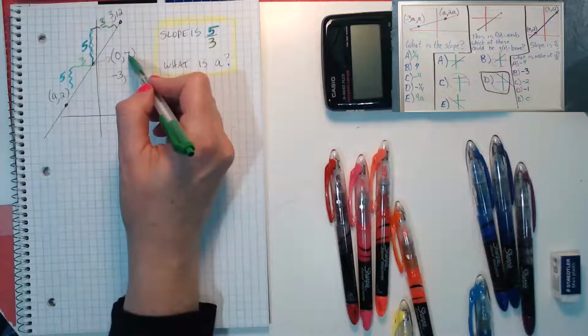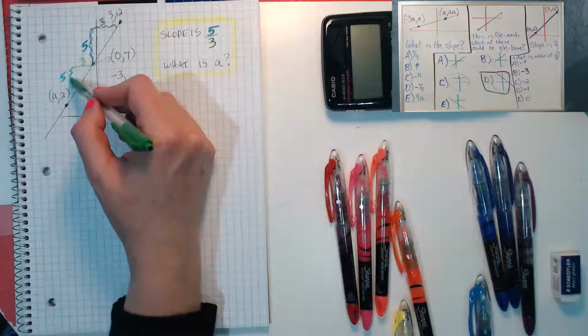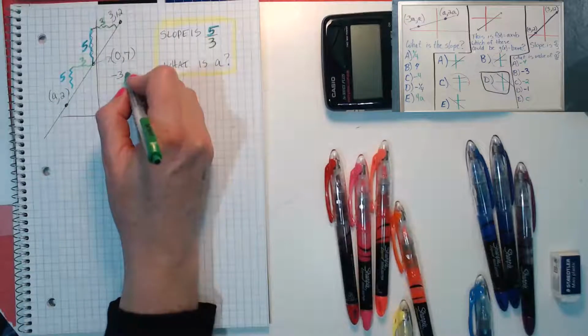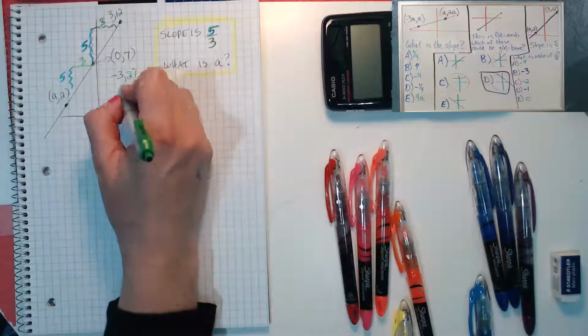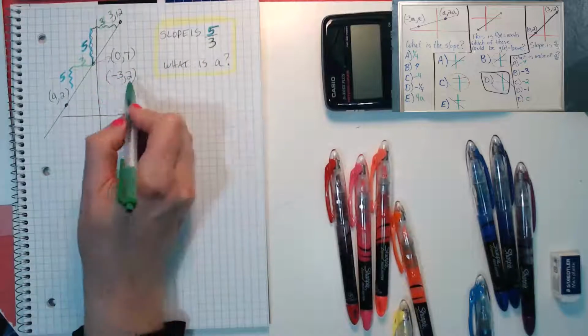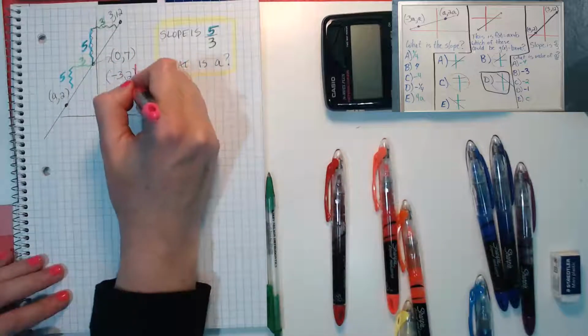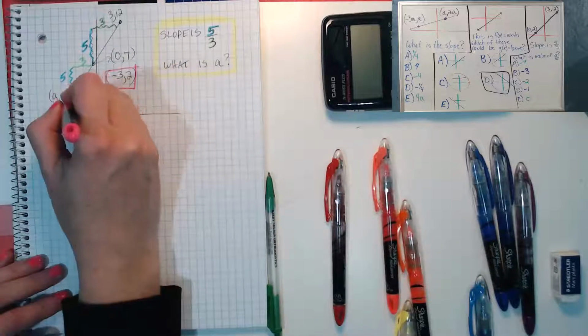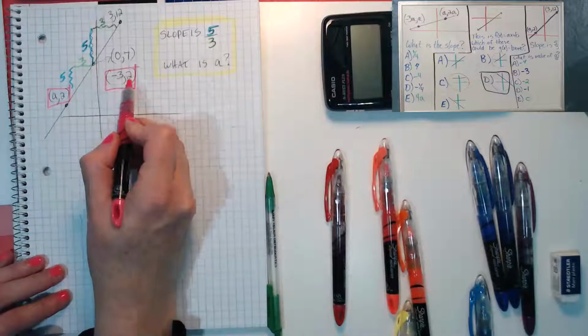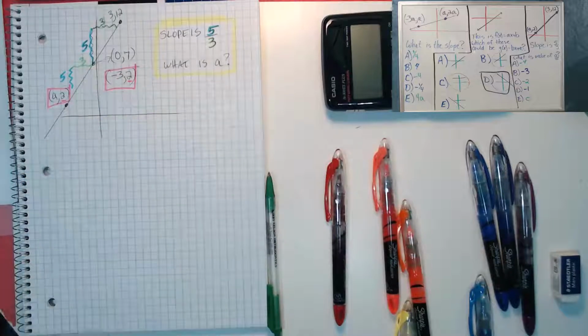And if I have 7 on the y-axis and I go down 5, what am I left with? 2. 2. Oh, and look, this does happen to match. We have a match. We have something comma 2. You see that? Something comma 2. So therefore, our A has to be -3, which is answer B.